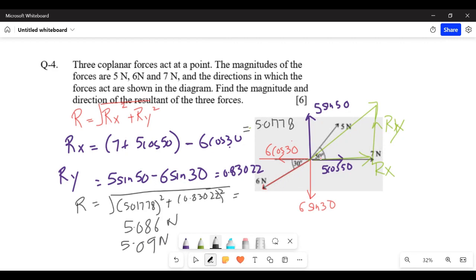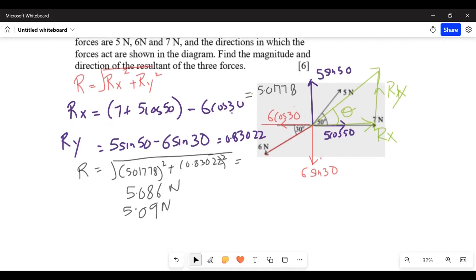Okay, now we need to find this theta because we need to give the direction. So theta is tan inverse Ry over Rx.